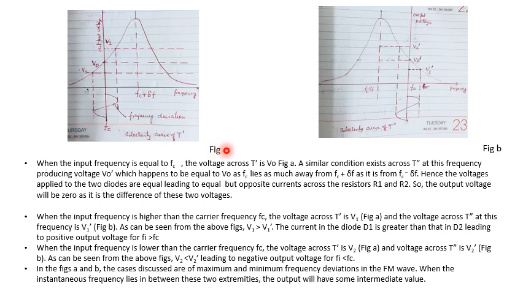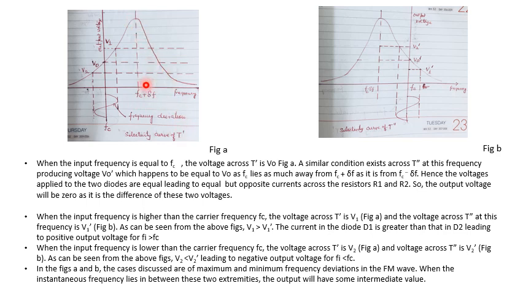In figure A, the selectivity curve of transformer T dash is shown. As I have mentioned earlier, the tuned circuit T dash is tuned at frequency Fc plus delta F. This is the resonant frequency of T dash.